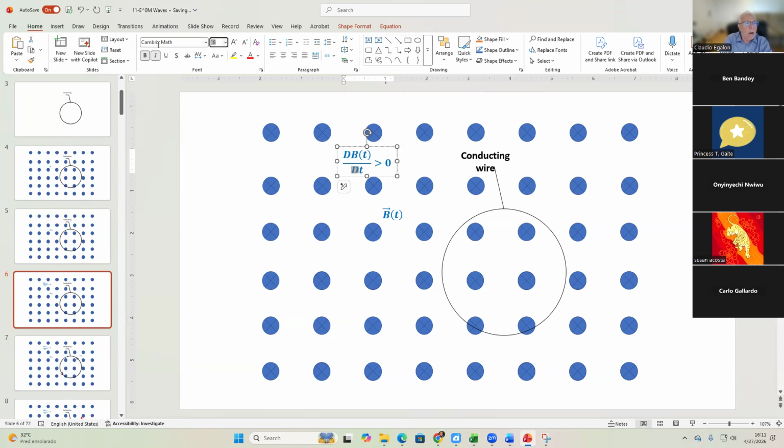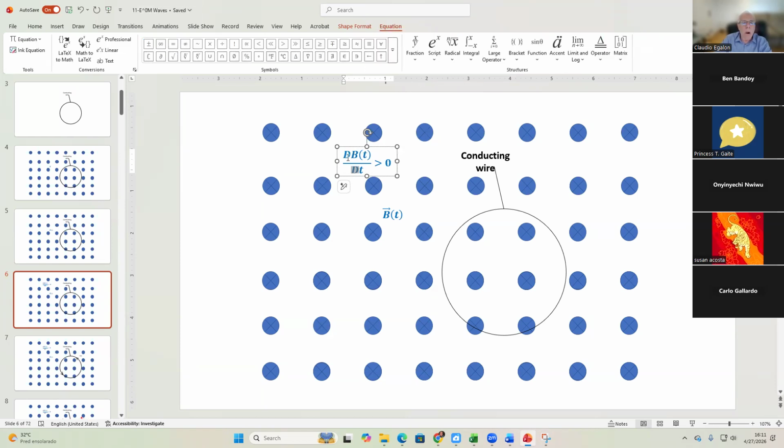Oh boy, strange. Why is it not changing? I do not know why. I think I know why. Yeah, okay, that's the problem. I was using the wrong keystrokes.